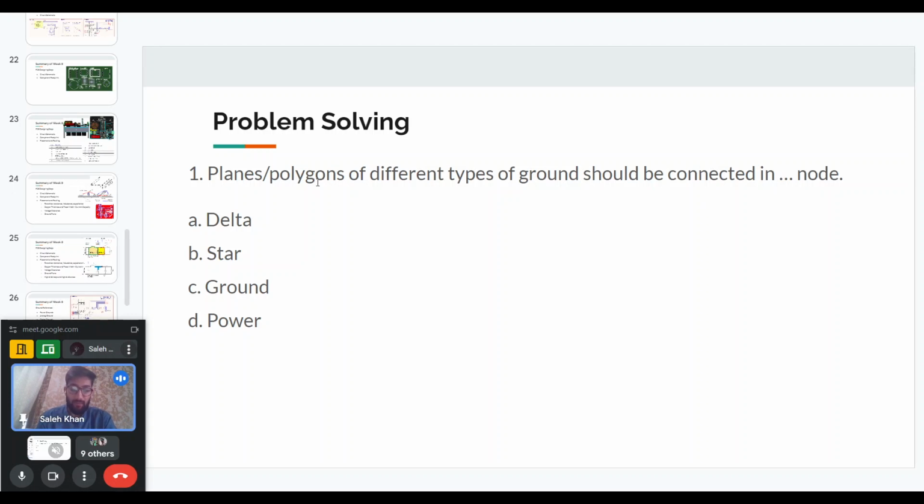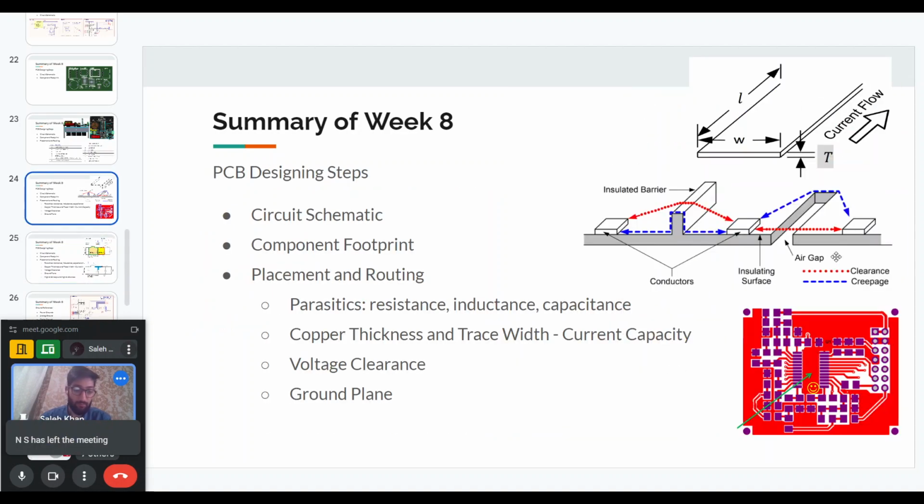So plane basically means in a PCB, like I mentioned, usually you will have a plane dedicated to the ground, because in a multi-layer PCB, on one layer you may have connections between different points. On a different layer you may have a plane, a full copper portion that is dedicated for a ground, or it may be like is shown here.